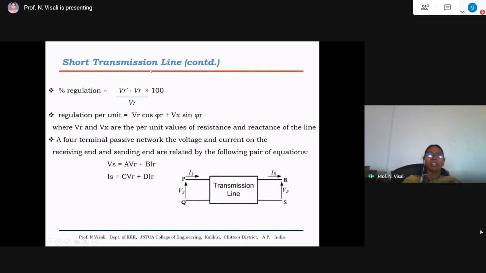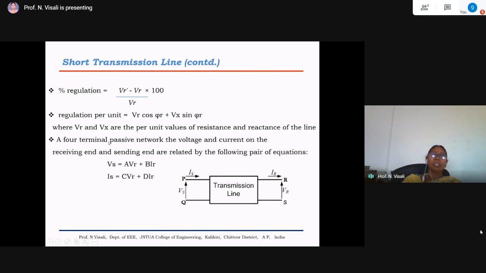Simplifying this equation, we get it in terms of cos and sin: vr cos phi r plus vx sin phi r, where vr and vx are the per unit values of resistance and reactance of the line. vr is Ir R by V, and vx is Ir X by V. So we get per unit values of resistance and reactance.